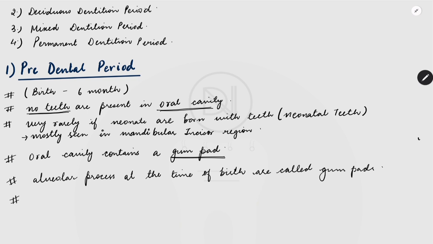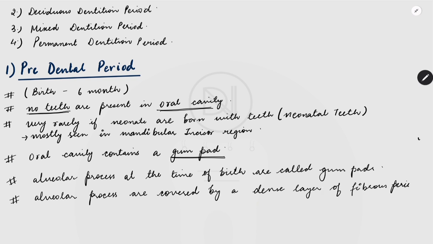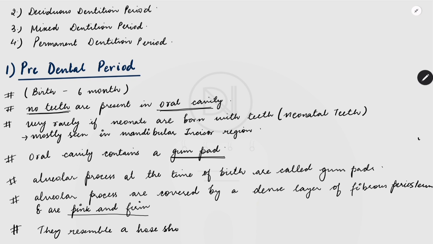Okay, so here the alveolar processes are covered by a dense layer of fibrous periosteum and are pink and firm. So they resemble a horseshoe shaped structure.